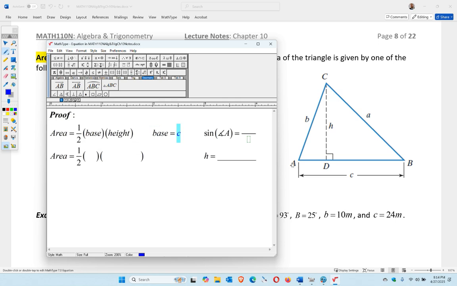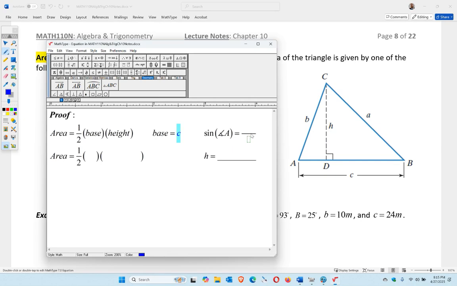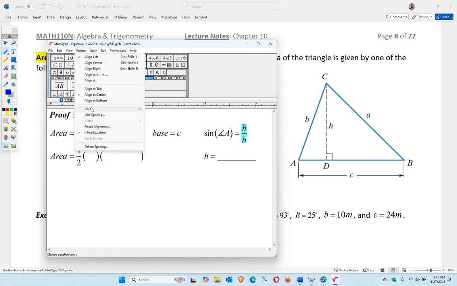Okay, so if I do the sine of A, that's the opposite over the hypotenuse. This little triangle, that's triangle 1, that's triangle 2. That is the opposite, that is the hypotenuse, so h over b. I want to get rid of this ratio and solve for h. If I multiply both sides by b, that'll get h by itself.